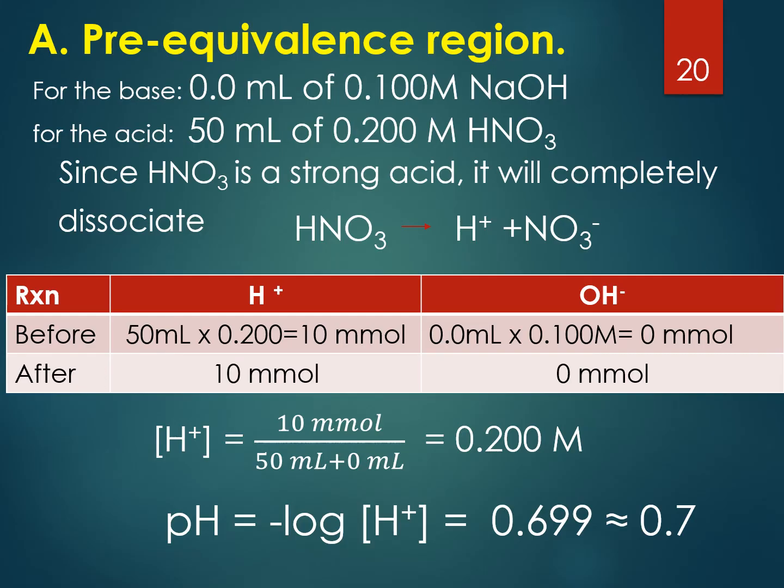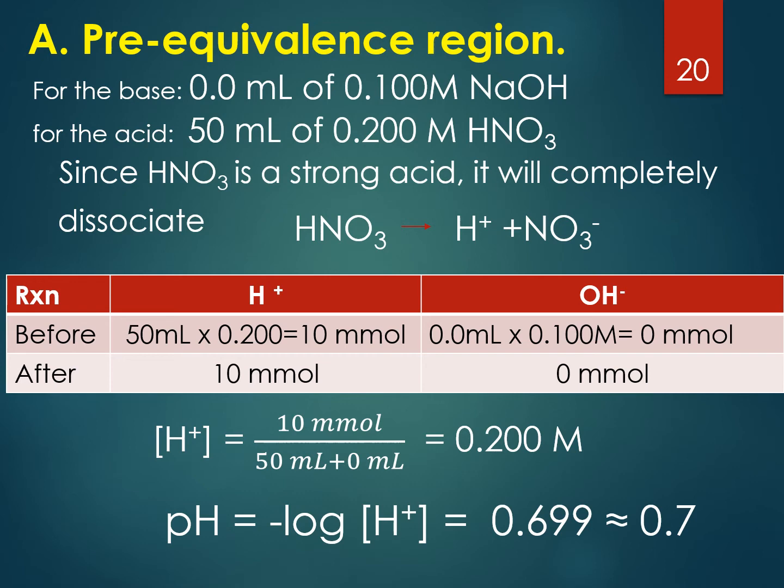At the start, meaning at pre-equivalence point, no titrant is added yet, so what we have is just an acid. Nitric acid is a strong acid, so whatever the molarity of the nitric acid, that's also the molarity of our H plus.